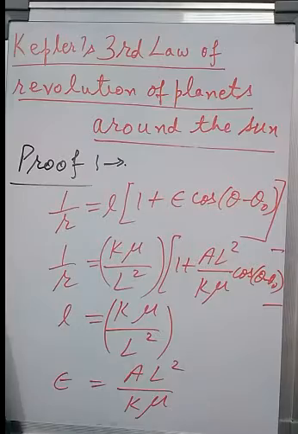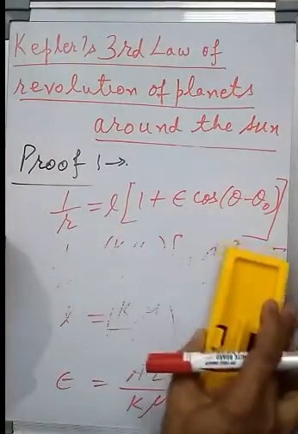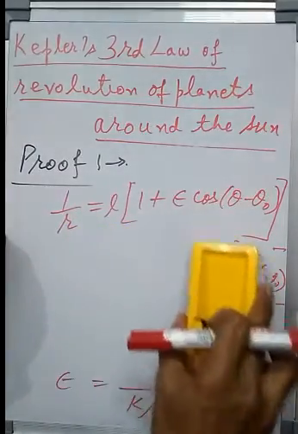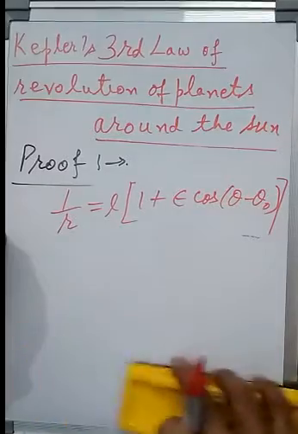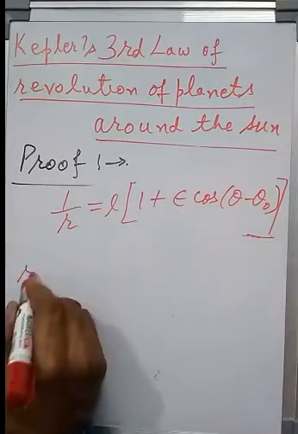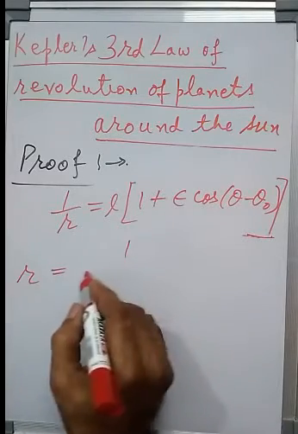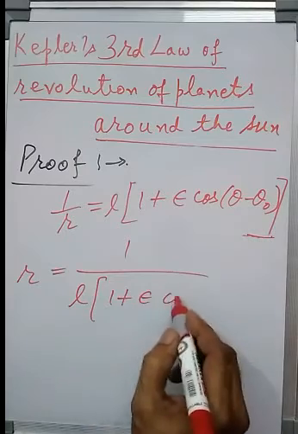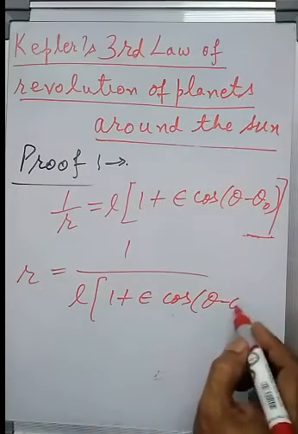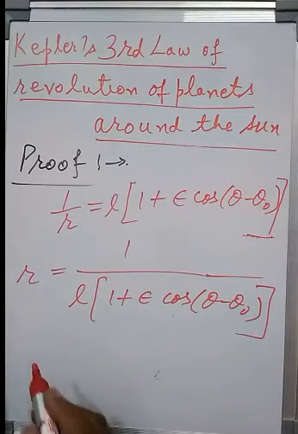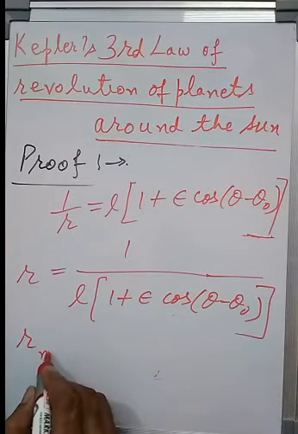So using this first equation, I can write the value of r. This equation gives r equal to 1 upon l into 1 plus epsilon cos(theta minus theta naught). From this we can find the value of r maximum.